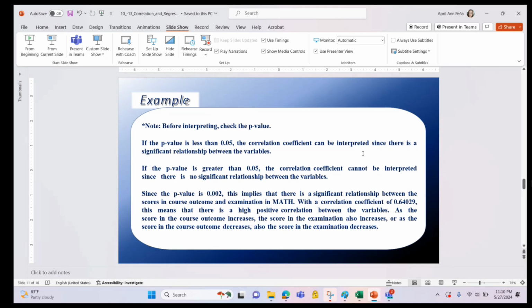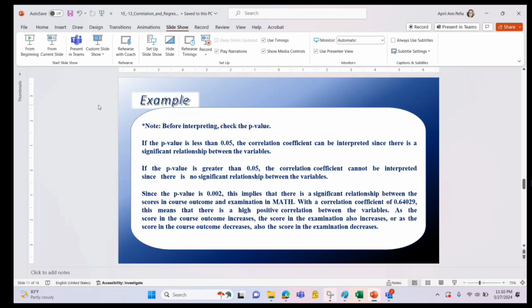Note, before interpreting, we need to check the p-value, which we already did. If the p-value is less than 0.05, the correlation coefficient can be interpreted since there is a significant relationship between the variables. If the p-value is greater than 0.05, the correlation coefficient cannot be interpreted since there is no significant relationship between the variables.